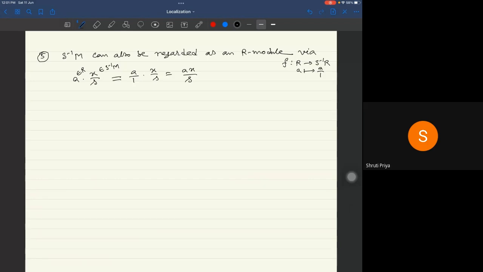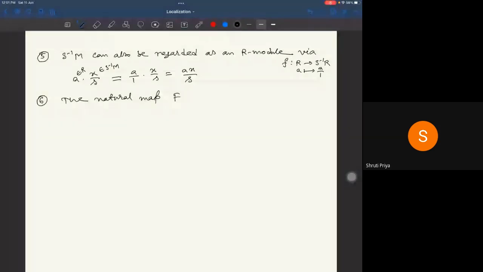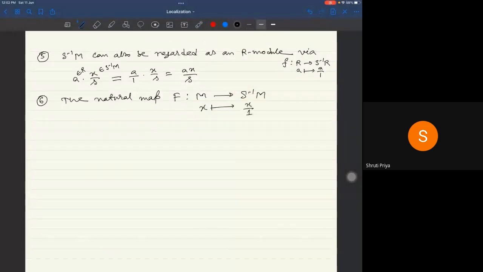And now what about this natural map? Let me denote it by big F. This is from M to S inverse M. So both M and S inverse M are R modules. If you define this natural map, x goes to x by 1, what can you say about this map? Is it an R module homomorphism?